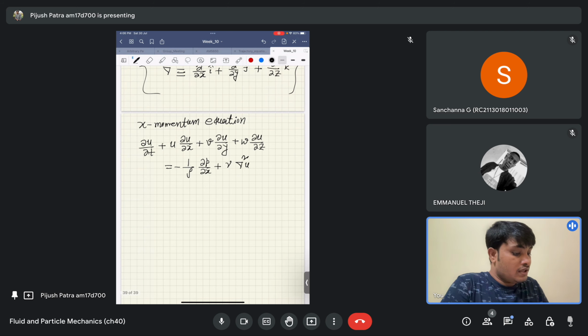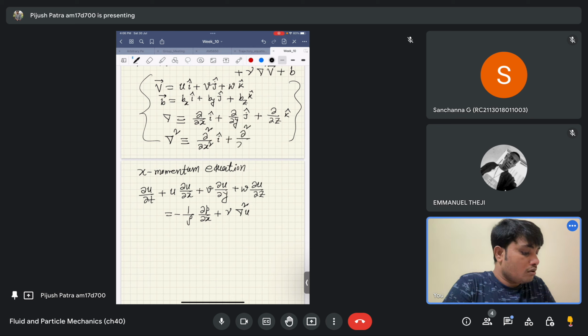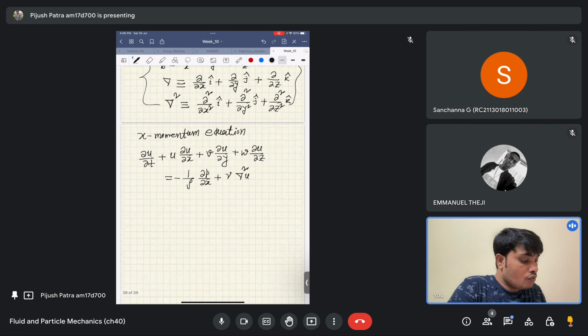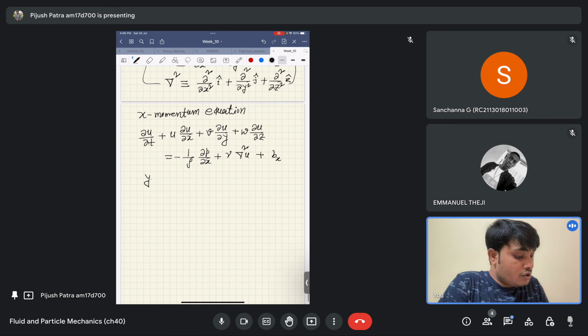So what is the Laplacian? Laplacian is equal to this. Okay, plus Laplacian of u plus bx. Okay, what will be the y momentum equation?